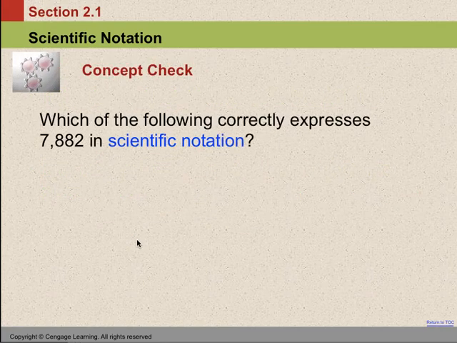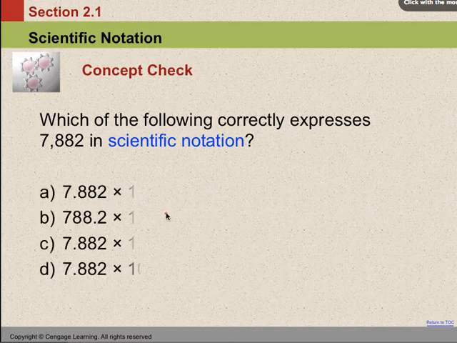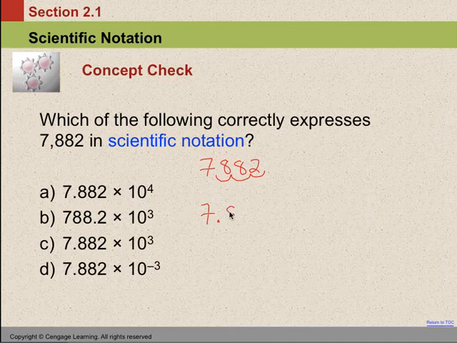So let's put our newfound knowledge to work. Which of the following correctly expresses 7,882 in scientific notation? Well, if I have 7,882, I'm going to be moving the decimal point 3 places because I want one number to the left of the decimal.